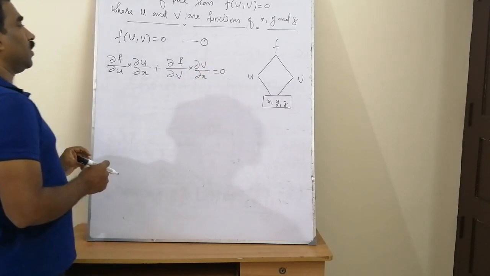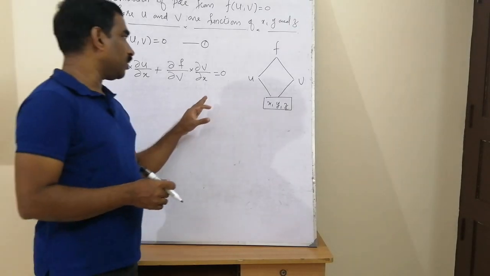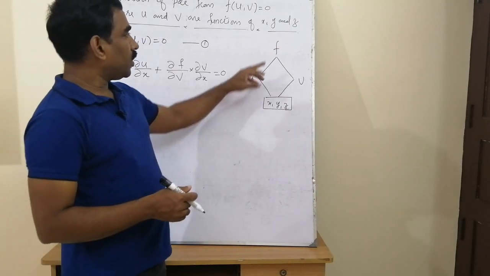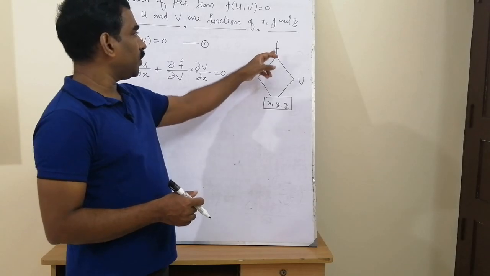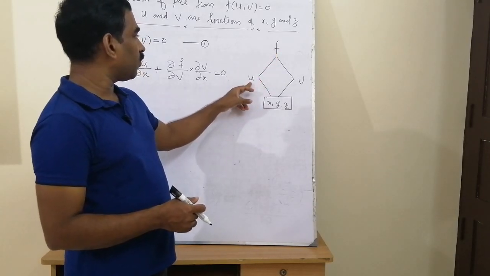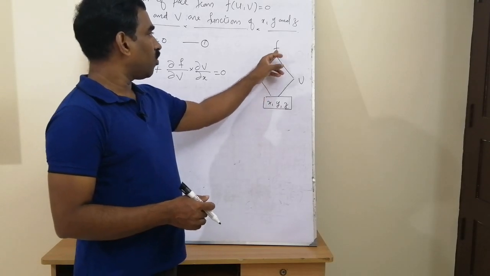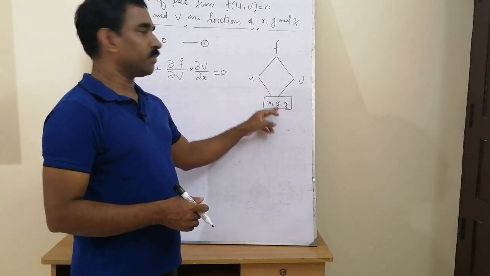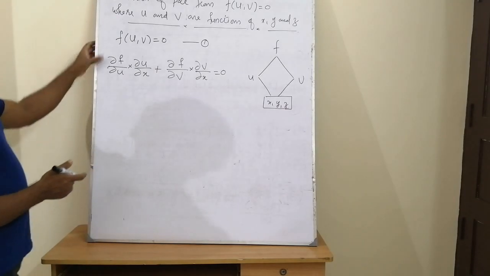That is the chain rule for partial differentiation. We have already studied it in our semester 2. That means we are going in this way, that is, derivative of f with respect to u, dou f by dou u into dou u by dou x plus dou f by dou v into dou v by dou x.